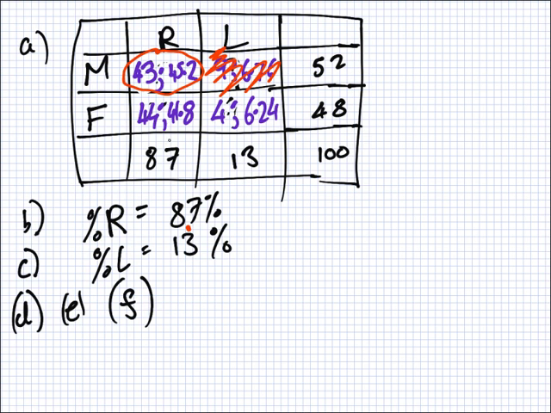Again, totals are fixed. Total number of right-handed people has to be 87. So is there any freedom here? No. Likewise, once I know these three numbers, I definitely know this number because the total should be 100. So really, the moment I tell you one of these, the other three are known.